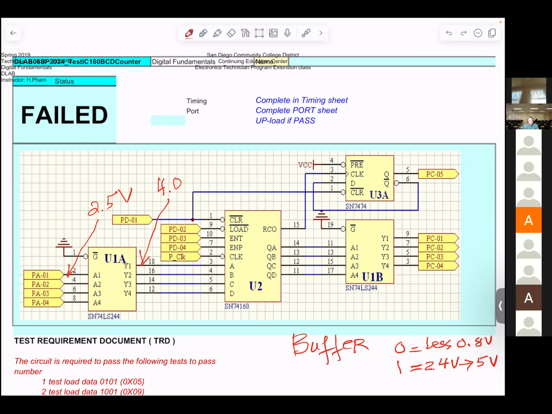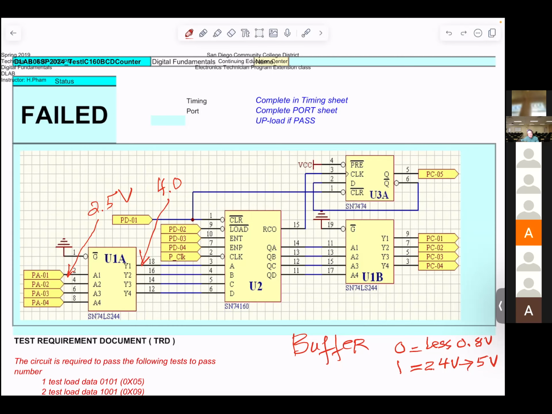If you want a logic 0, you want it close to 0. Why do they need to bring it up to close to 5 volt? The thing is, the signal can go through too many things in the circuitry, and that voltage can keep going down. They don't want that.